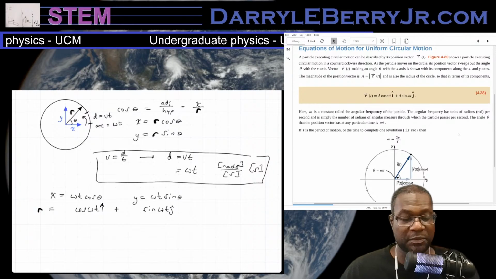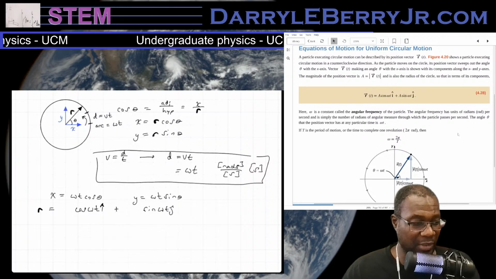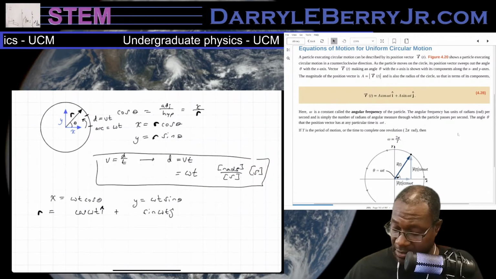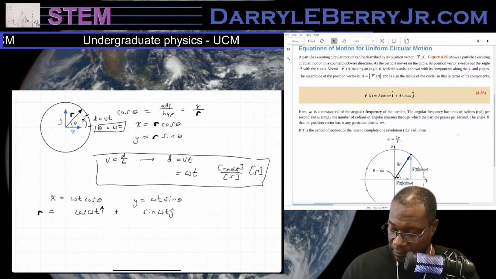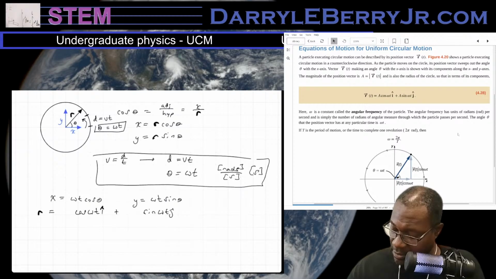It's going through so many radians per second. You multiply by the seconds, then you have how many radians you went through. And how many radians is theta? It says theta equals omega t.